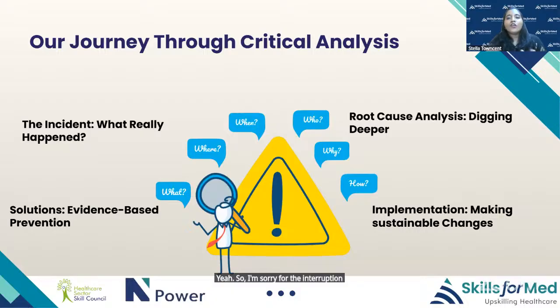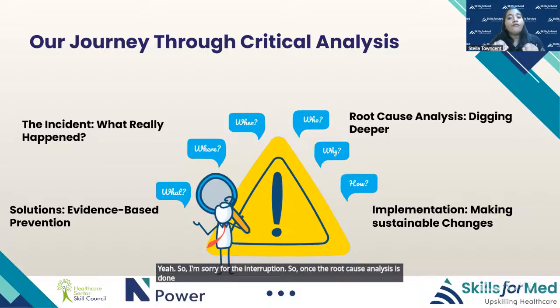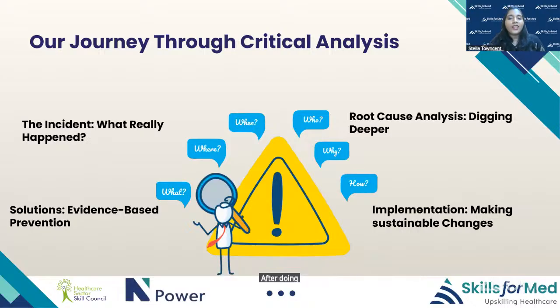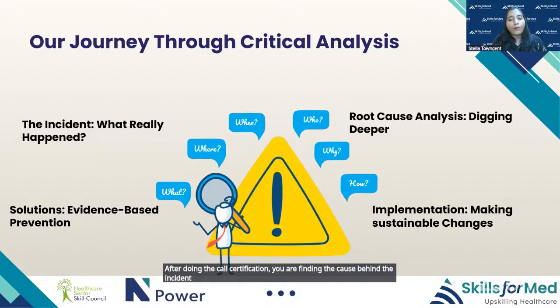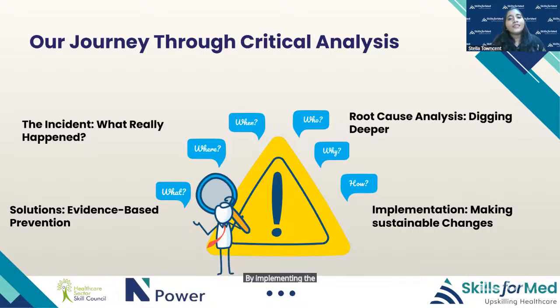Once the root cause analysis is done and you have found the cause behind the incident, then you know probably what has to be done. The solution can be derived by implementing sustainable changes. Why sustainable changes? Because you should not bring out any solution with temporary measures.